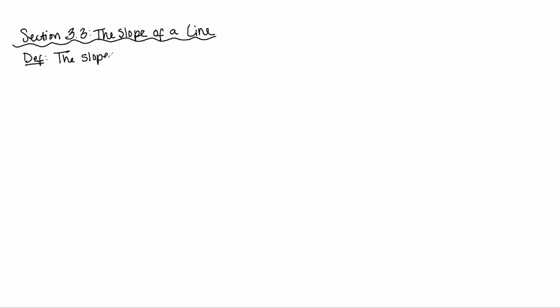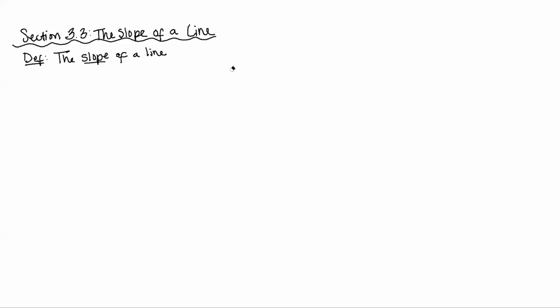So the slope of a line, and other types of graphs do have slope, but if it's not a line, the slope is constantly changing because it could be going in some kind of curve like this. And slope describes how steep the line is, or its slant. So with a curve like this, it's always changing because some parts are more steep than others.